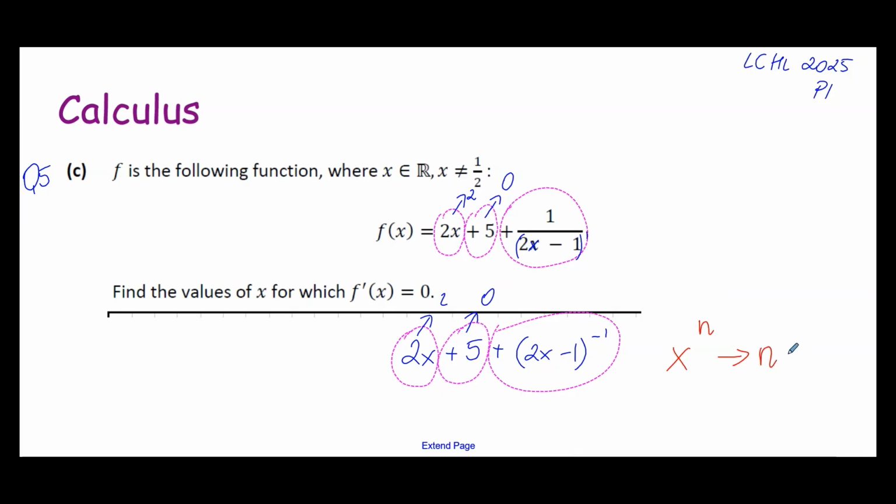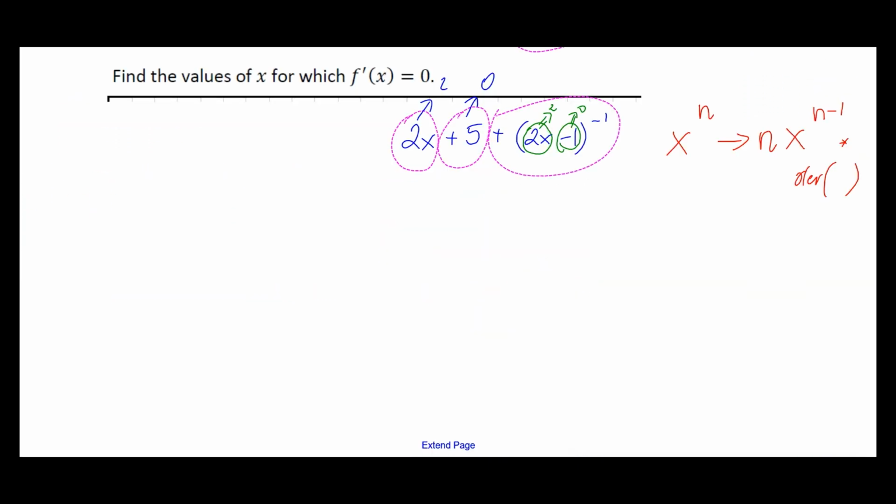We take that power n in front, then x and then power minus 1. But since we have more than just x, we're going to multiply that by the derivative of the bracket. And that's not going to be very difficult, because the number in the bracket goes to 0, and the derivative of 2x again will be the number that stands beside x, so 2. Okay, let's put our derivative together.